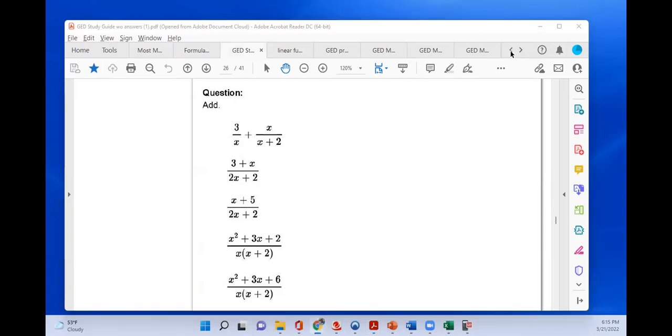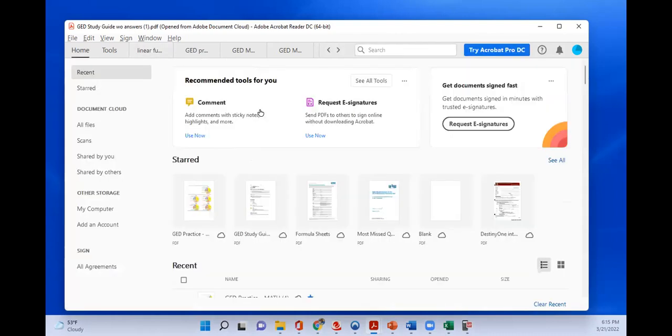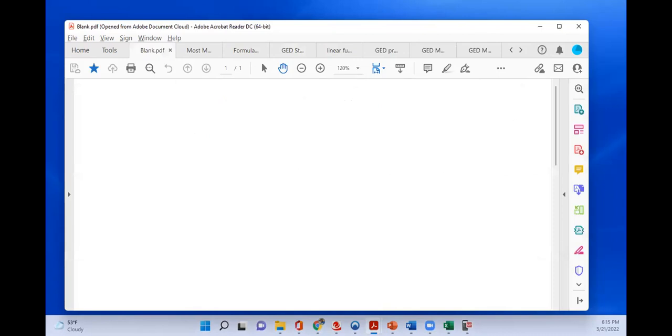I'll just make one up. Where's my blank page? I don't have a blank open. There we go. So I'll just make a problem up.